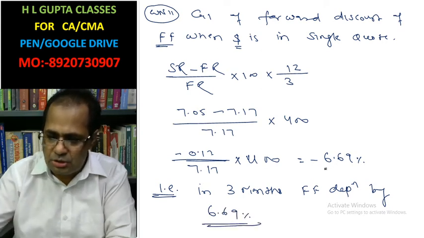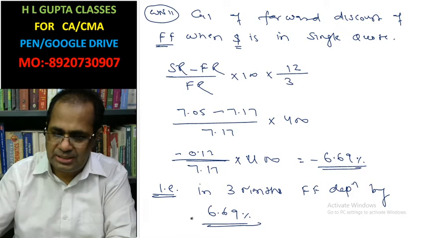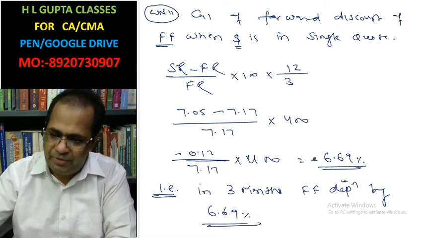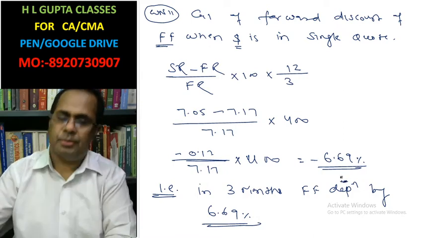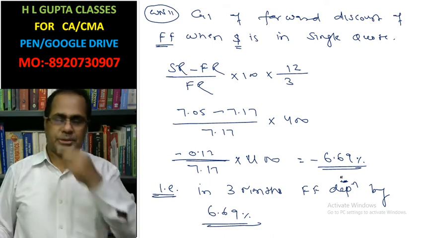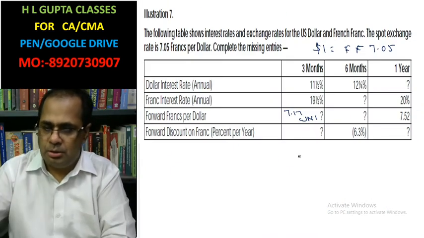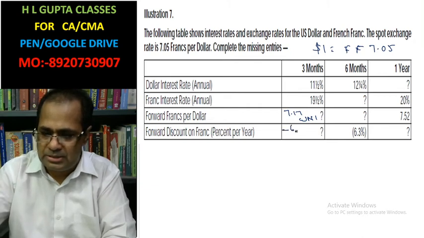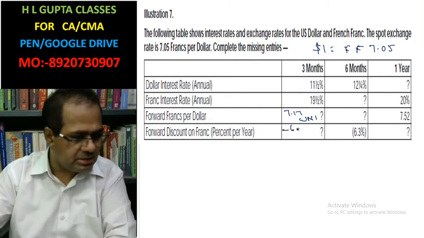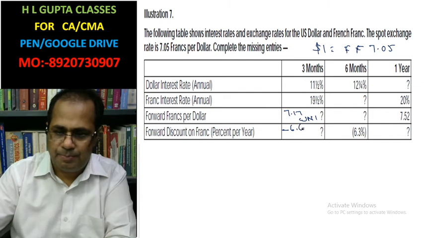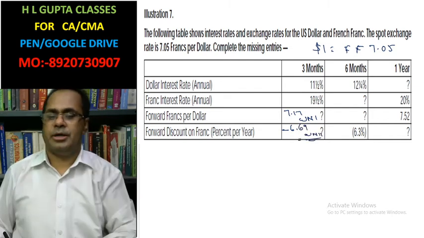Why? Because of this negative, it is a depreciation. If it would be positive, it would be the premium. So here, in working note 2, you will get minus 6.69. That is working note 2.